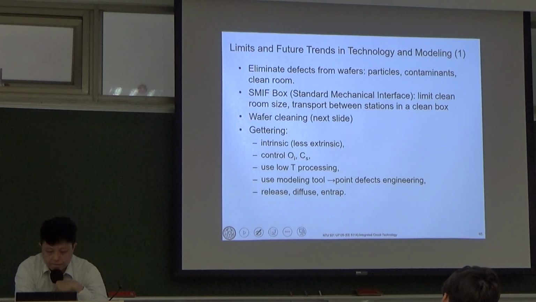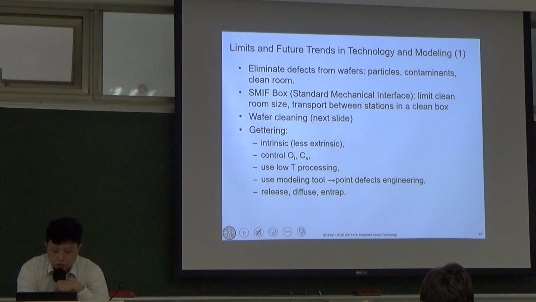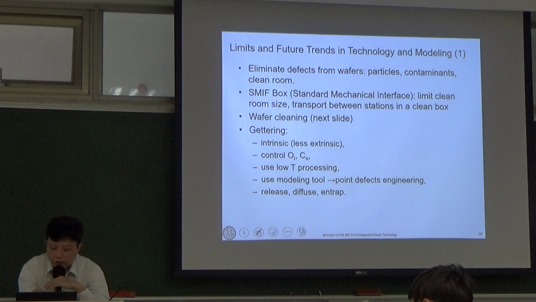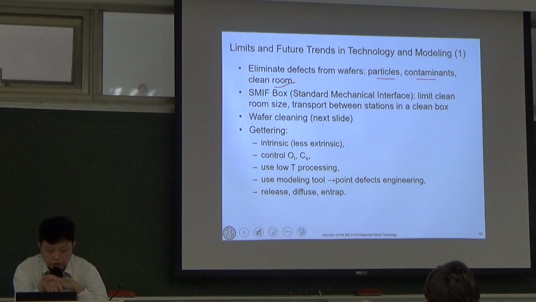Okay, and here are some limits and future trends in technology and modeling. How can we eliminate the defects from our wafers? Okay, those defects can be your particles, contaminants, okay, or we can give a cleaner environment to IC fabrication.